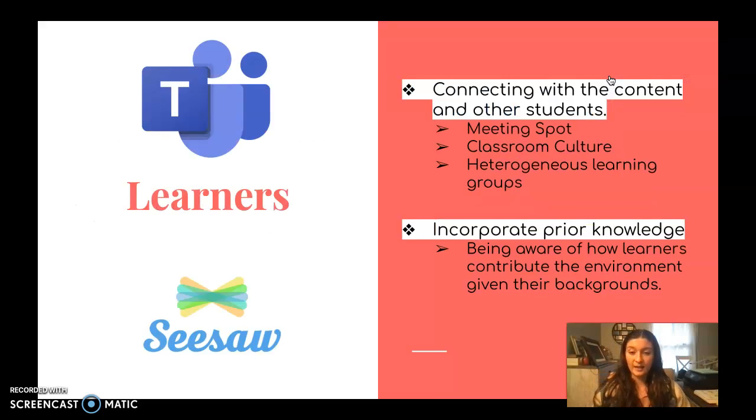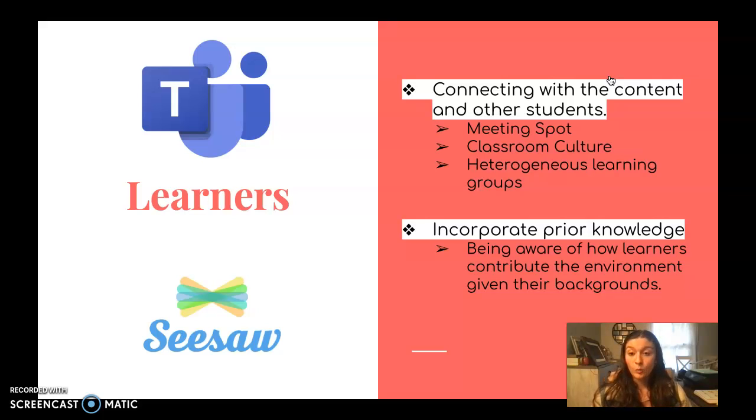So the learners within my community were fifth grade students, and they were connecting with the content and other students as the framework suggests. There was a centralized meeting spot, Microsoft Teams, similar to how we use Marion Island in our course. And then we had a submission spot for our work being Seesaw and ours being Moodle.